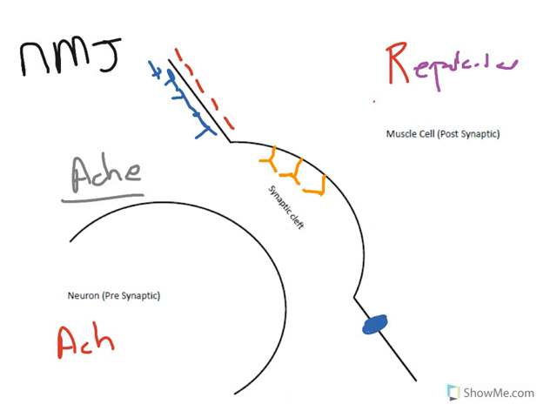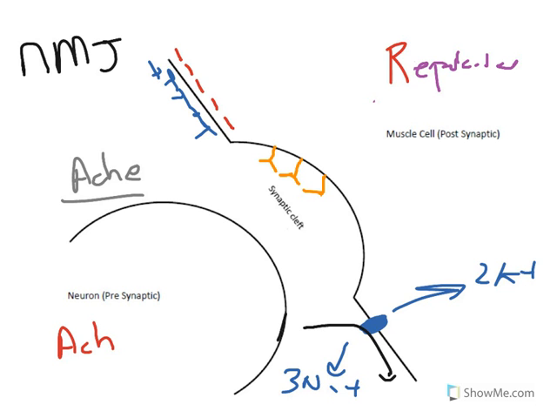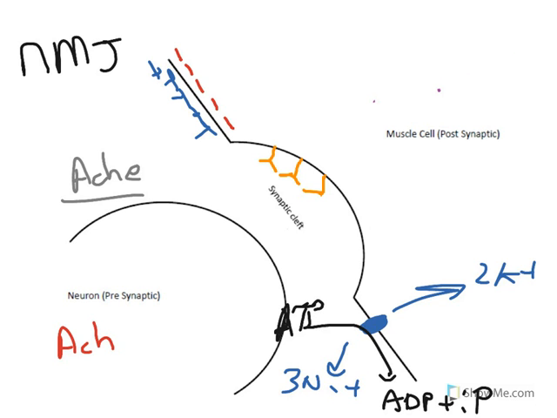Sodium-potassium ATPase pumps reset everything: 2 K+ in, 3 Na+ out, for every molecule of ATP expended. We produce ADP plus inorganic phosphate. It is an ATPase because it breaks down ATP. This cell is now back to resting.